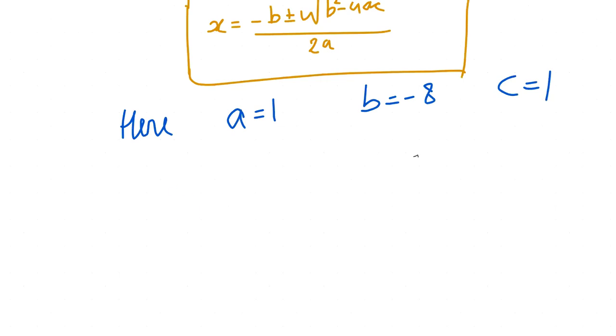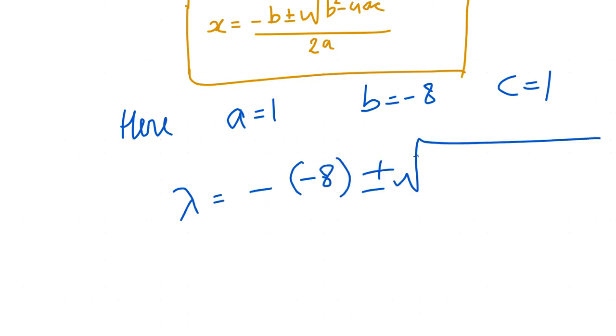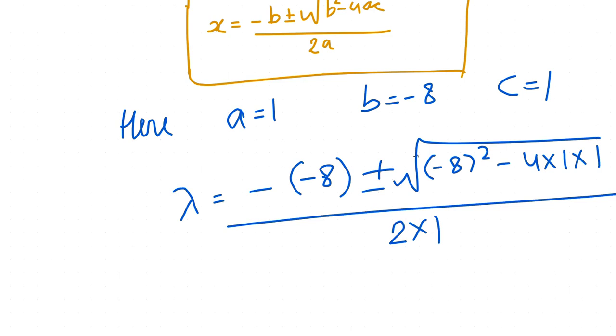Minus B, so minus of -8, because we have a negative value of B. So let us write here -8 plus minus square root of B square, that means (-8) square minus 4 into A into C, over 2 into A. Because A is 1, that is why we are taking A as 1 everywhere.